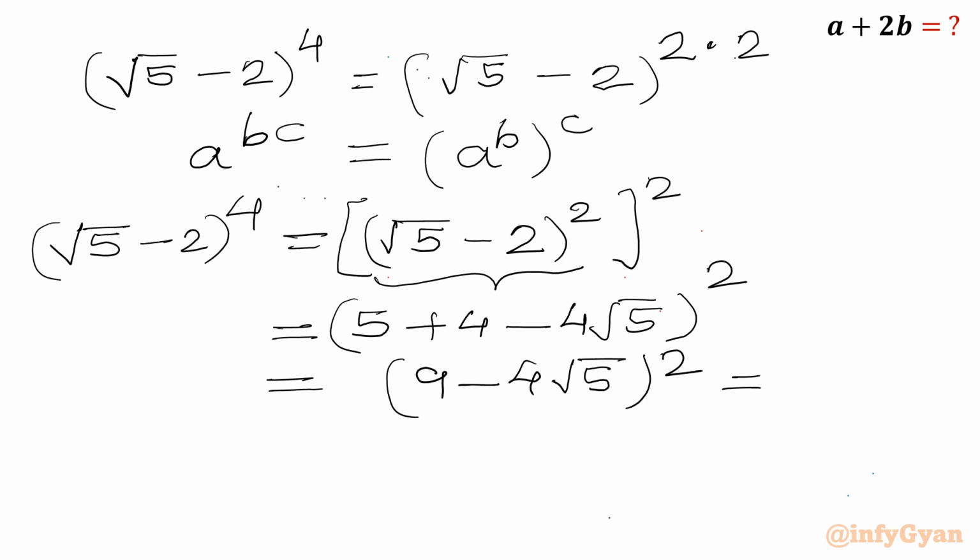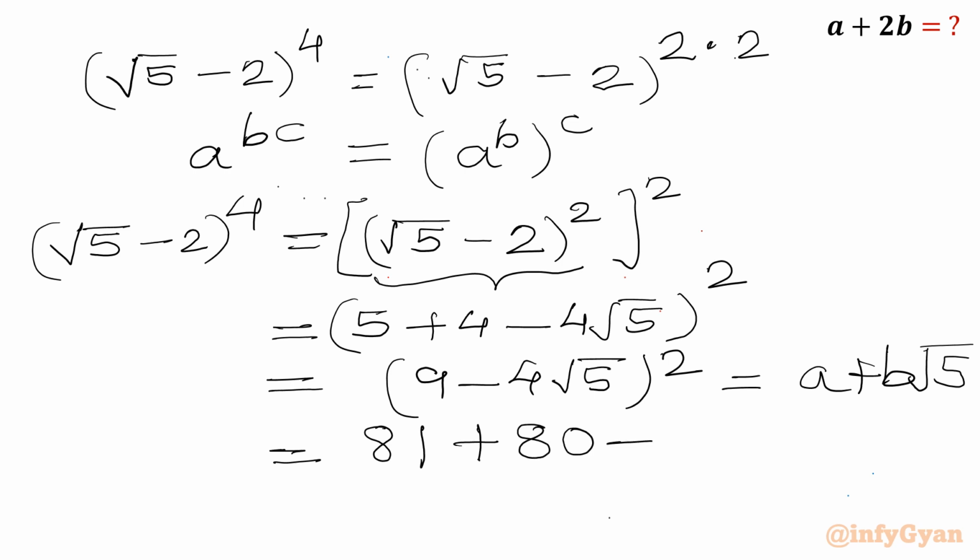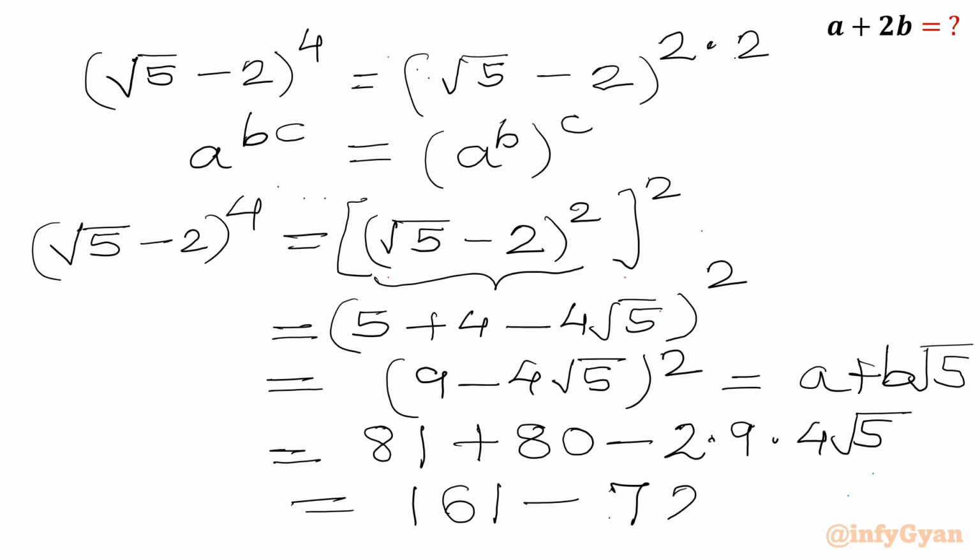And this is equal to a plus b square root 5. So let us expand. I will write here 9 square 81 plus 4 root 5 whole square. So 16 times 5, 80, minus 2 times 9 times 4 root 5. So this will give us 161 minus 9 times 4 is 36 times 2, 72 root 5.